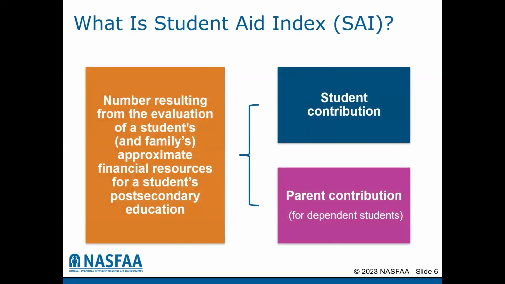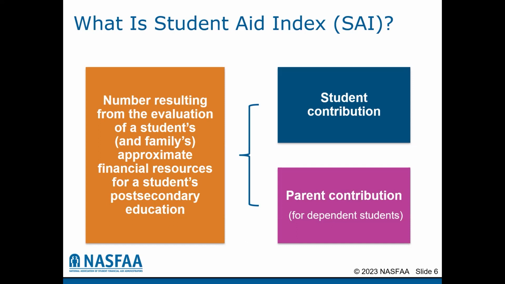The Student Aid Index, or SAI, is the number that is calculated from the evaluation of a student and family, if the student is dependent, approximating financial resources for a student's post-secondary education.